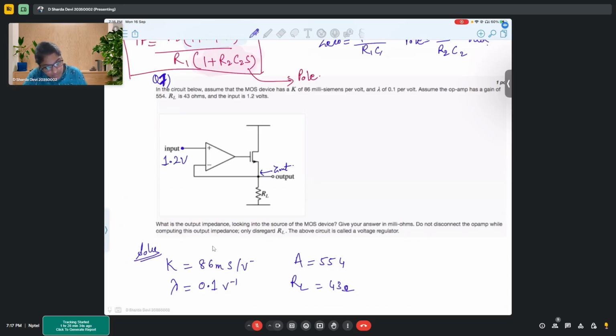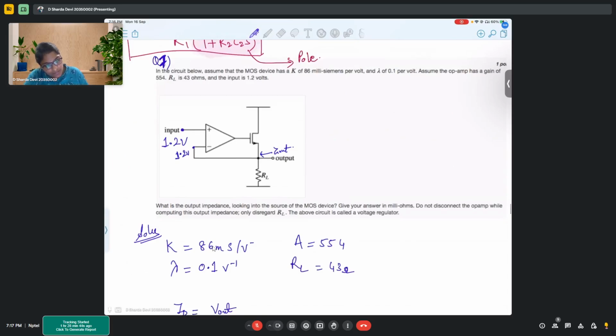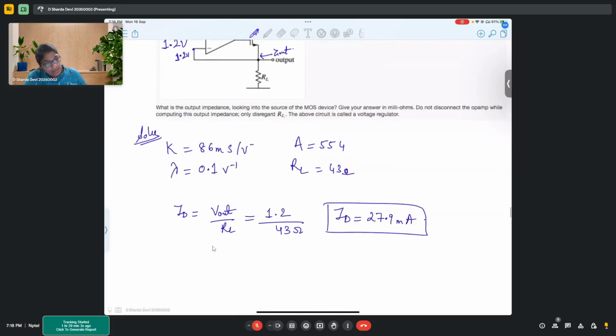Since it is an op-amp, considering the gain is very high, we will take this point also to be 1.2 volts. That means output is at 1.2 volts. So 1.2 upon 43 ohms. ID turns out to be how much? 27.9 milliamperes. Correct.